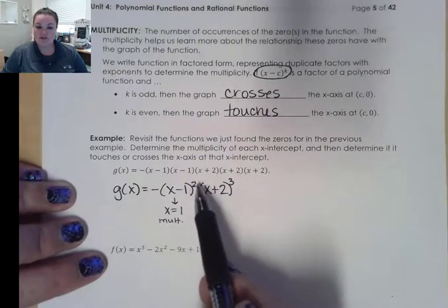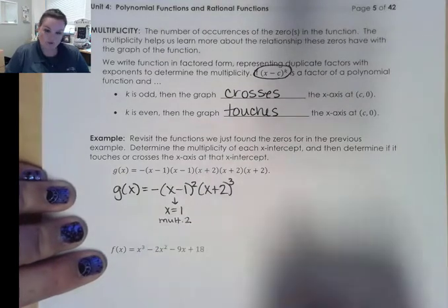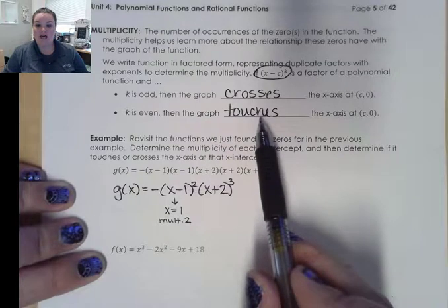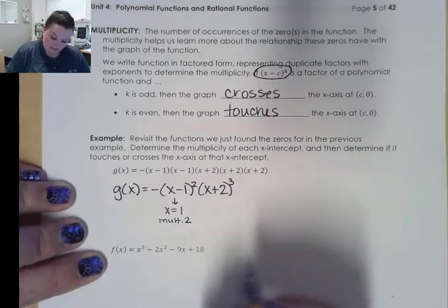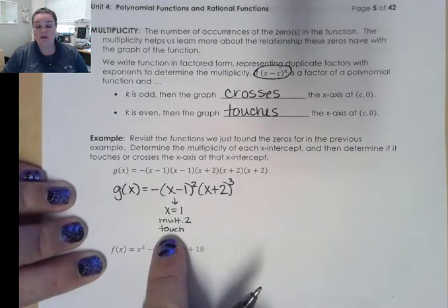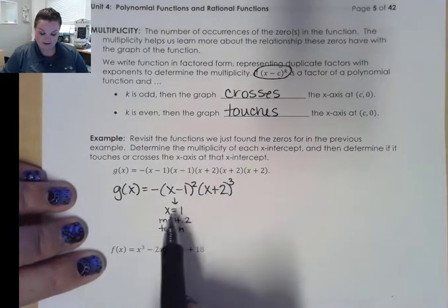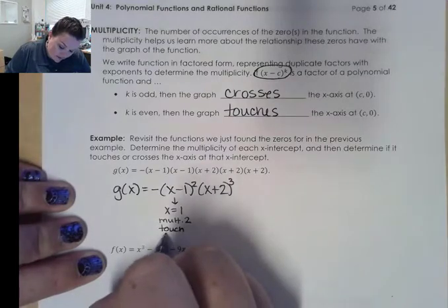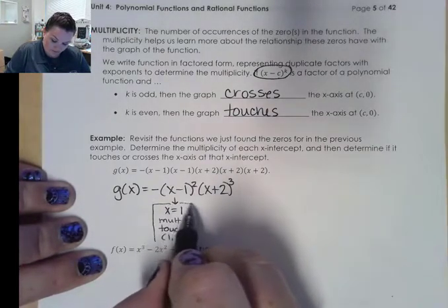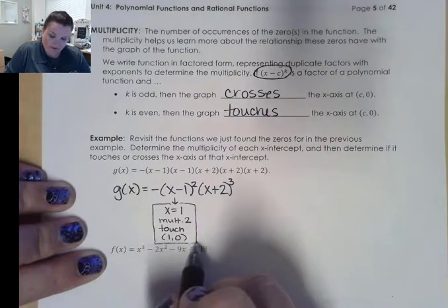Here we have 2, so this is multiplicity 2, which is an even number, so that means it's only going to touch at that x-intercept. So this touches, and we want to write what the x-intercept is. We don't want to just leave it as x equals 1. As an x-intercept, that would be 1, 0. Okay, so that's everything we need to know about that 0.